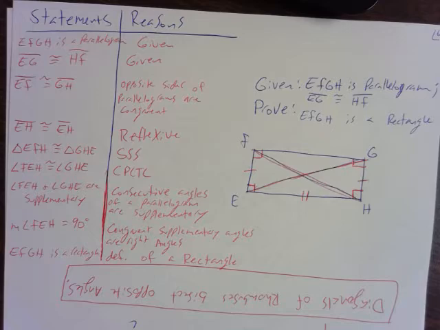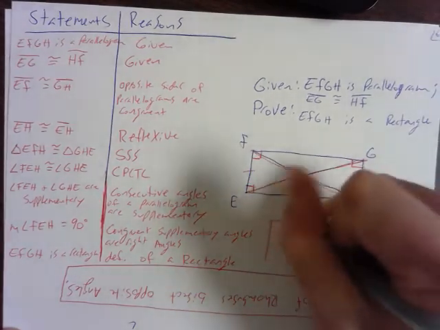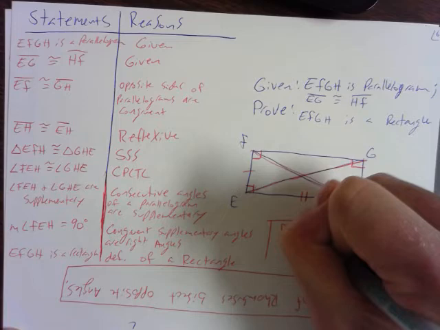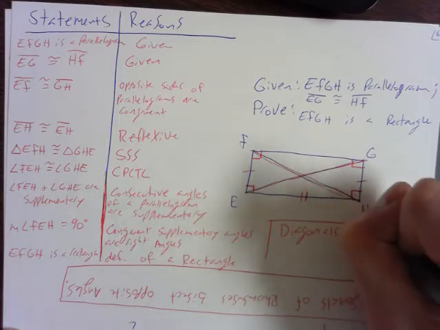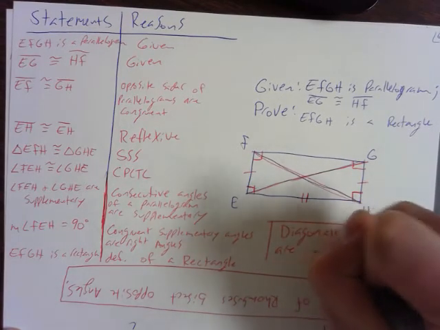Now, my main point for this proof really is going back to what I was given to begin with, and it's that diagonals of rectangles are congruent.